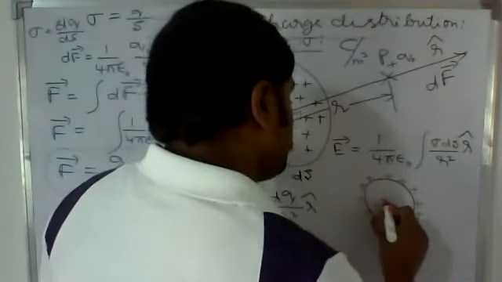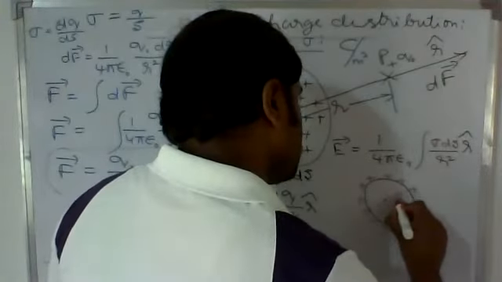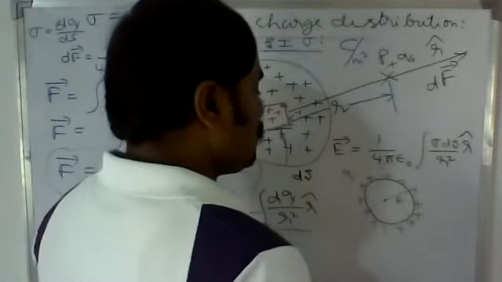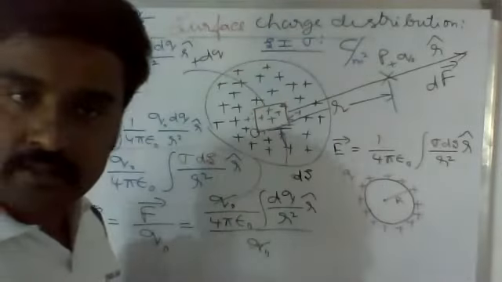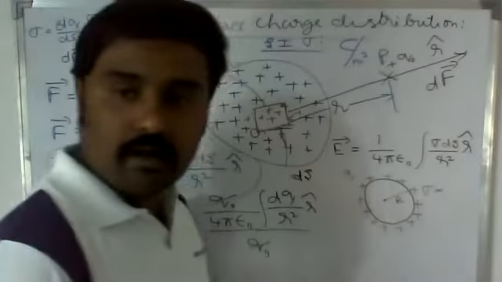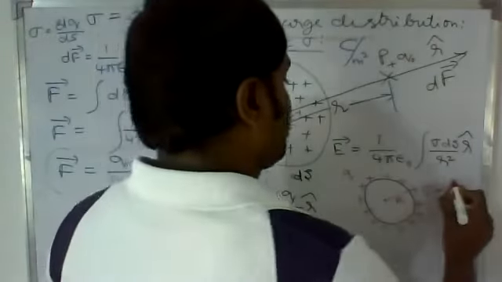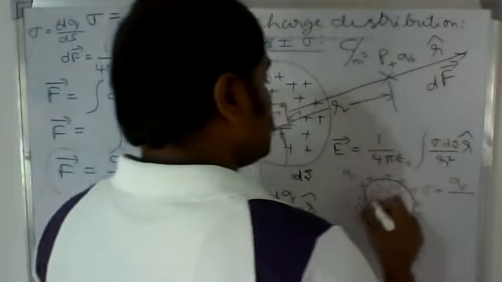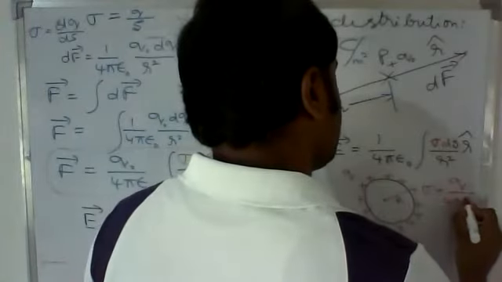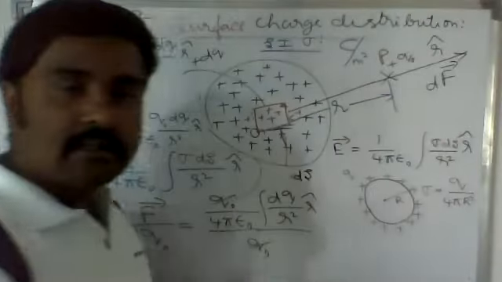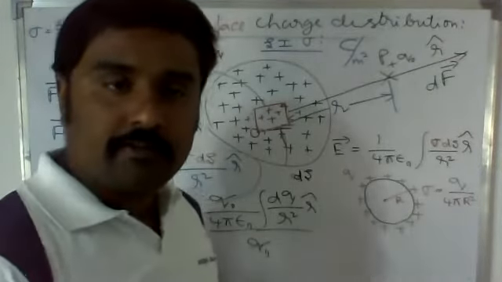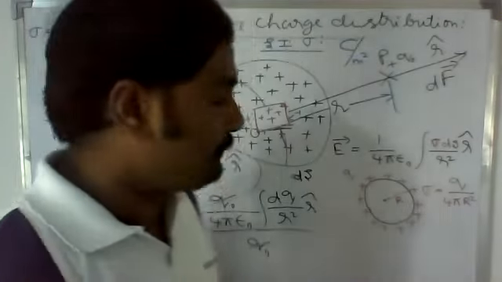Let the radius of the sphere be r and the entire charge on the sphere be q. What is the surface charge density of the sphere? Sigma is equal to the entire charge divided by the surface area, 4 pi r square. This is the mathematical expression for the surface charge density of the sphere.